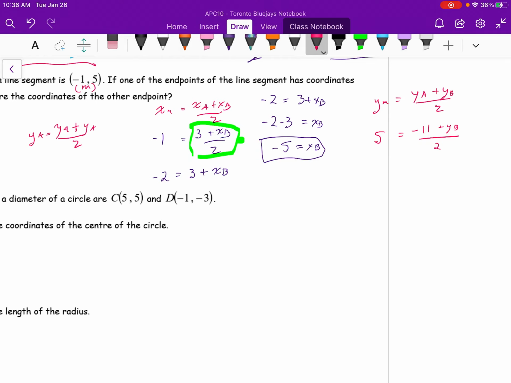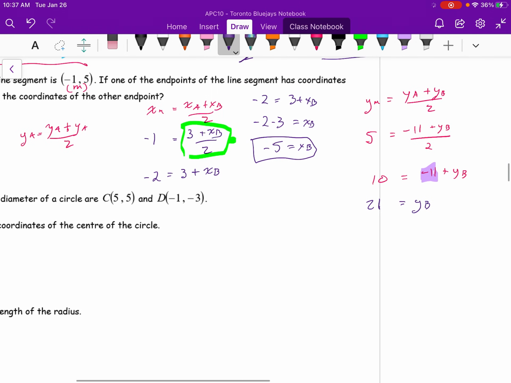If I multiply both sides by 2, 5 times 2 is 10. The right-hand side would be -11 plus yb. I do the inverse operation of -11, and that would be adding 11. So I'm going to add 11 to both sides. And there we have it.